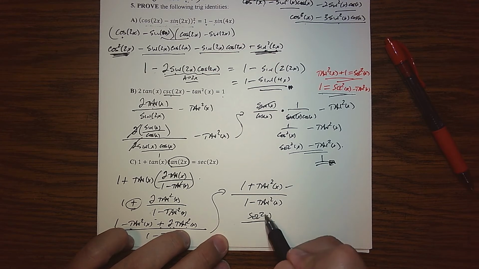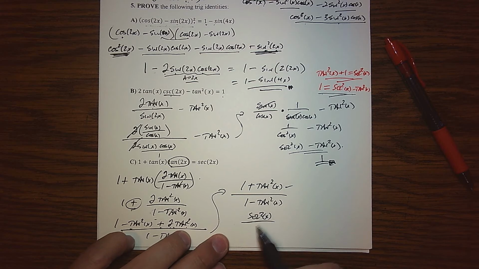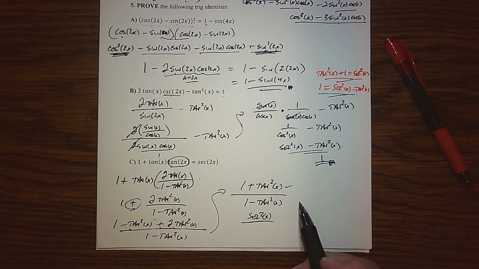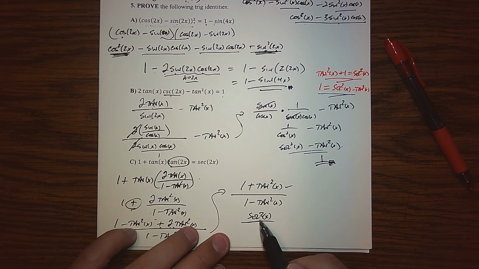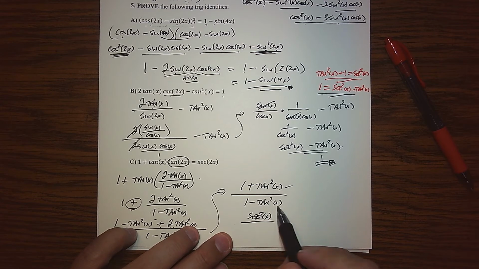So we have secant squared x over 1 minus tangent squared. How about I rewrite that?